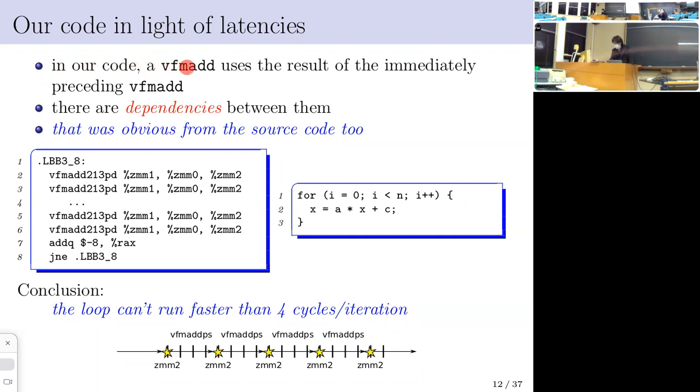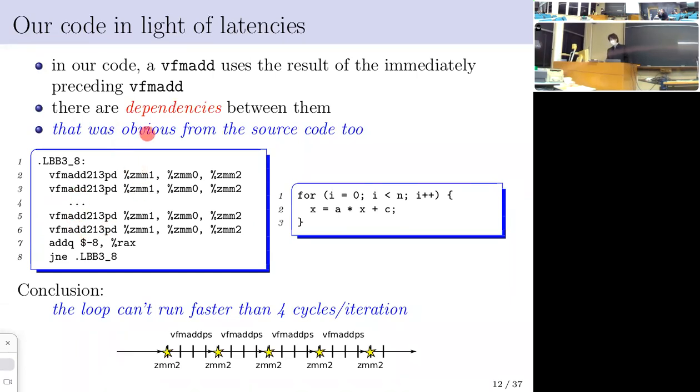So an FMA instruction uses the result of the immediately preceding FMA instruction. So this one uses the result generated by this instruction, and this one uses the result generated by this instruction, right? So in other words, there are something called dependencies between them. This instruction depends on the previous instruction, and this instruction depends on the previous instruction. This is what this instruction sequence dictates, so the processor has to respect this dependency.